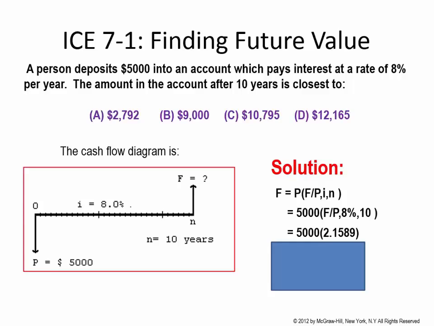In problem 1 of this in-class exercise, we're going to be finding an unknown future amount based on a known present value. The statement says a person deposits $5,000 into an account which pays an interest rate of 8% per year. The amount in the account after 10 years is closest to what value?